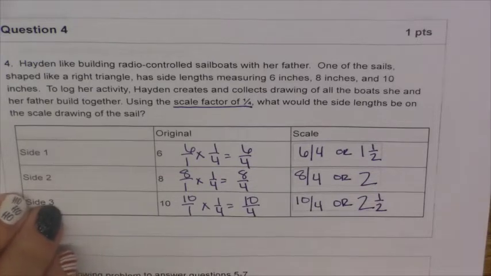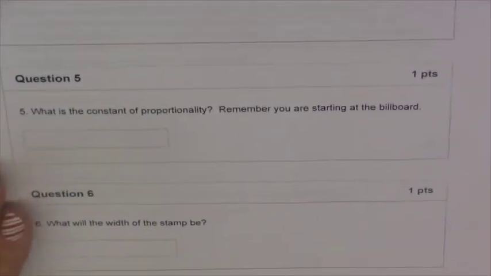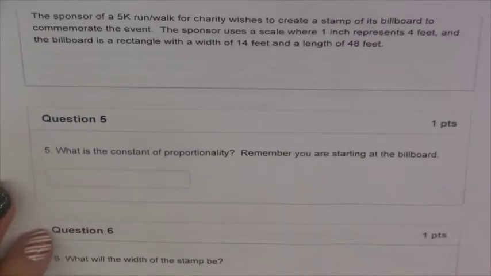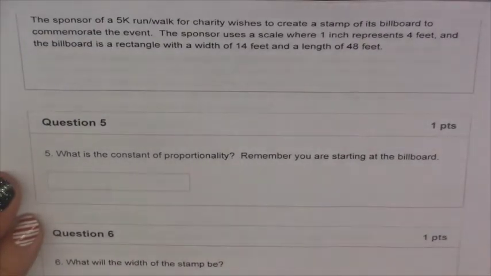All right, our next part says to use the following problem to answer questions 5 through 7. The sponsor of a 5K run walk for charity wishes to create a stamp of its billboard to commemorate the event.